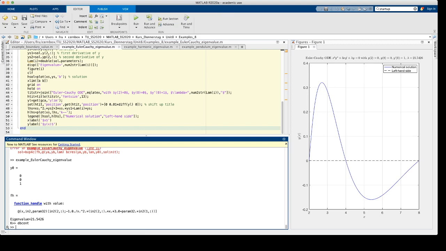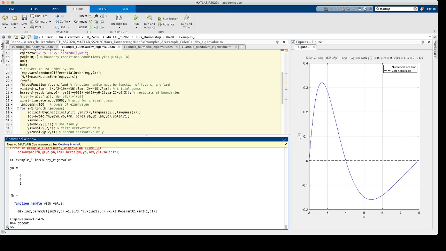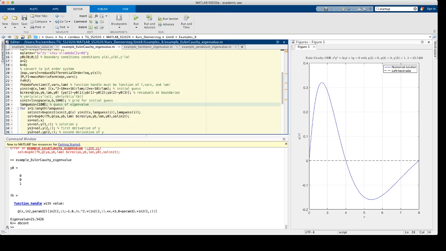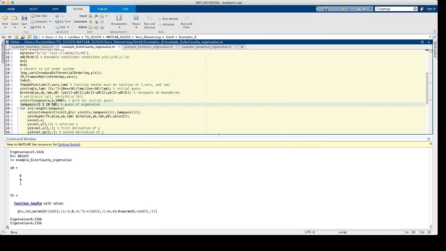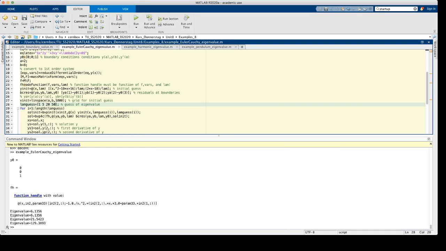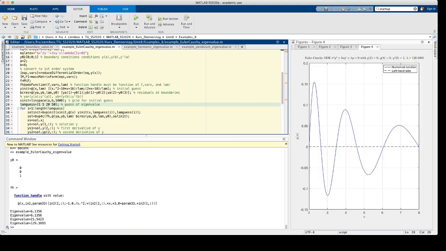So let's try again our initial guess, which was 1, 5, 20, 50. And we find 3 different eigenvalues for these 4 guesses and 3 different eigenfunctions.